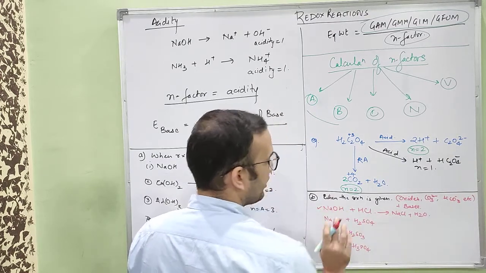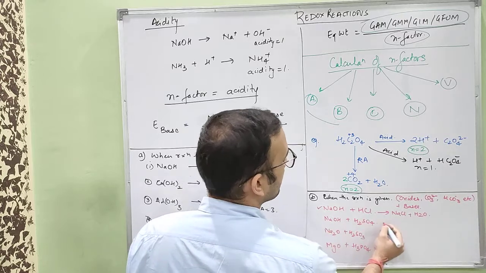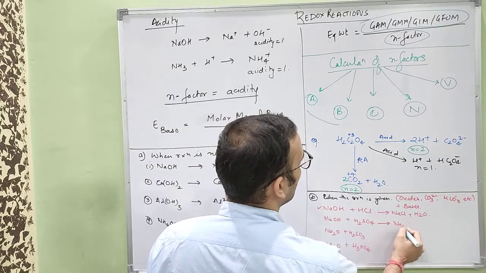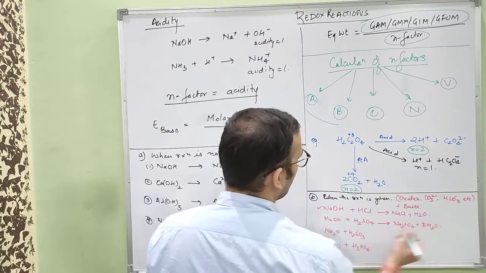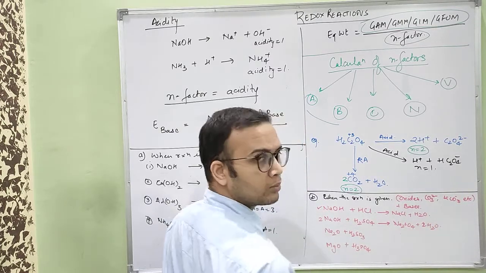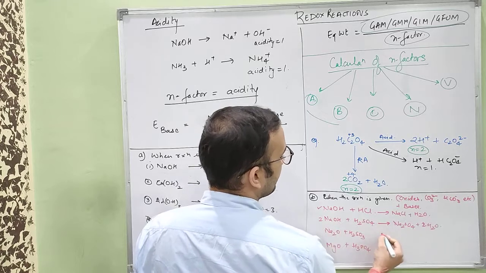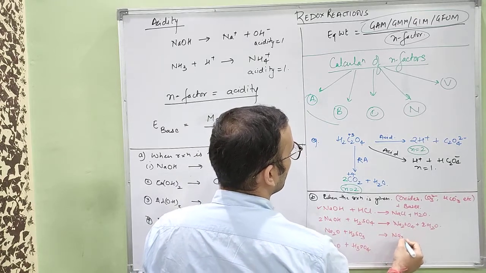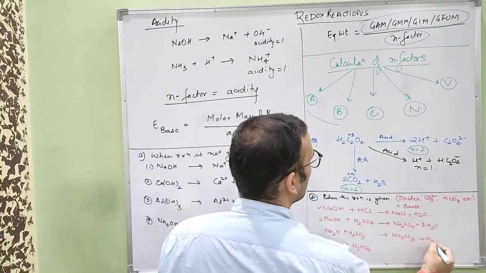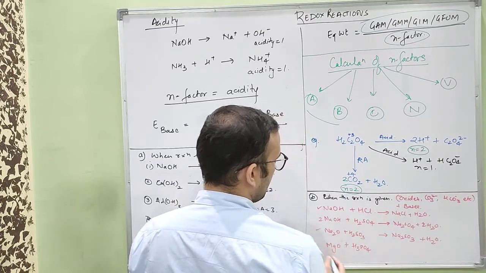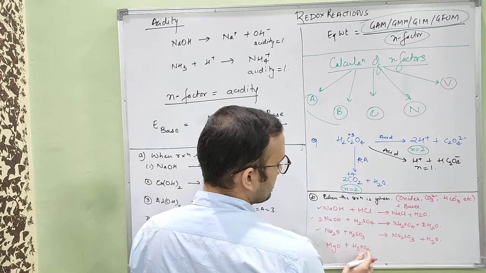This is balanced already. Is this balanced? No, because it will give Na2SO4 plus 2H2O. Okay, here we'll have to write 2. Got it? Again, here you will get Na2SO3 plus H2O. This is balanced. Now, again this one.